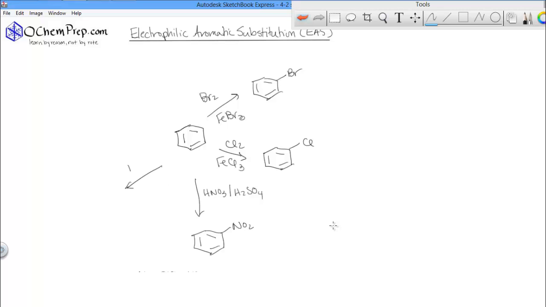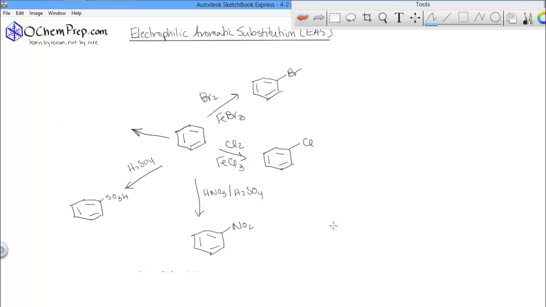If I just add H2SO4, sulfuric acid, to the ring, I will make a compound that looks like this. I add SO3H, which is called benzene sulfonic acid. And then there are two ways to add carbon to the ring.